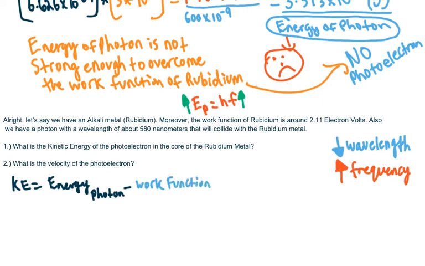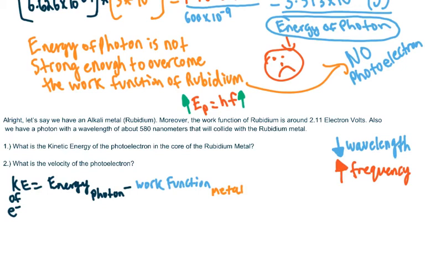And if I'm being specific here, this is the kinetic energy of the electron. If there is kinetic energy of the electron, that means we have a photoelectron, right? Because if we have kinetic energy, then the electron has some velocity, which means that electron is freed. Okay, so let's calculate the kinetic energy.